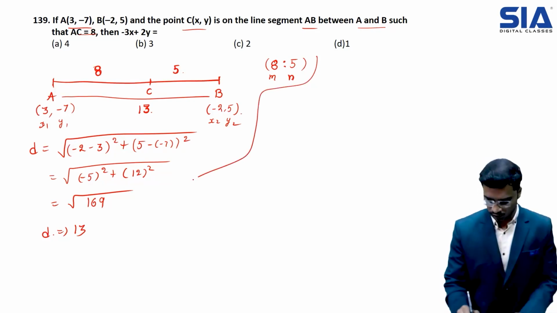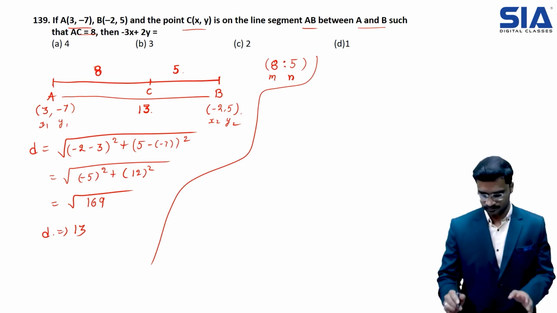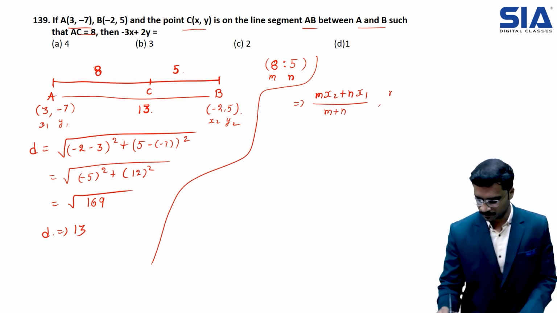So now what we should do is substitute this in our section formula, which is m x2 plus n x1 divided by m plus n, comma m y2 plus n y1 divided by m plus n.